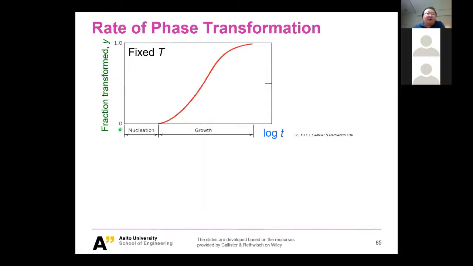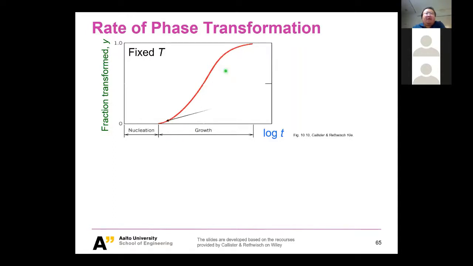Basically, we're starting from zero, going from liquid to solid. When you're in liquid, you have zero solid. And at the nucleation phase, you have very few, countable nuclei, and they occupy almost nothing in terms of volume or weight fraction. But when you enter the growth phase, you will see a significant increase of the phase that transformed.